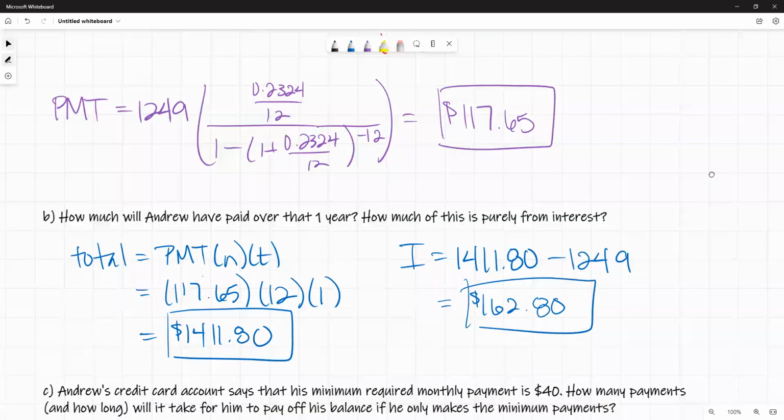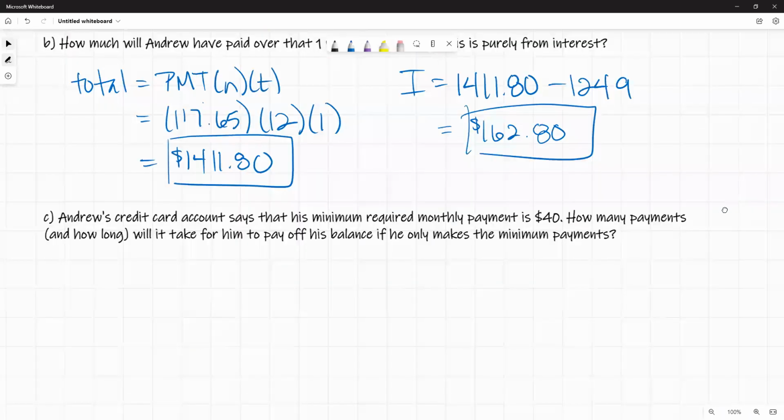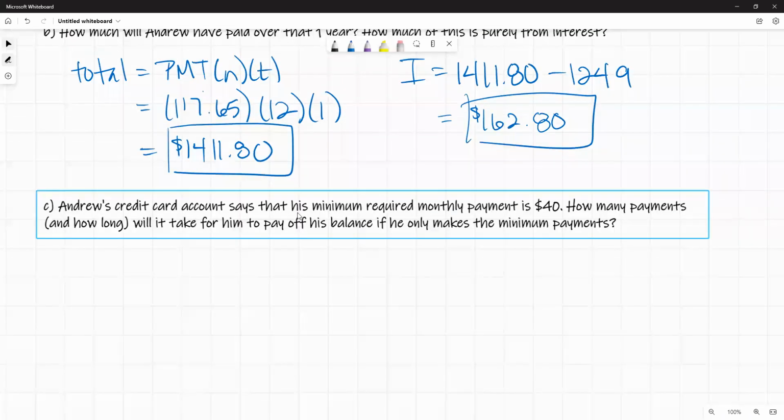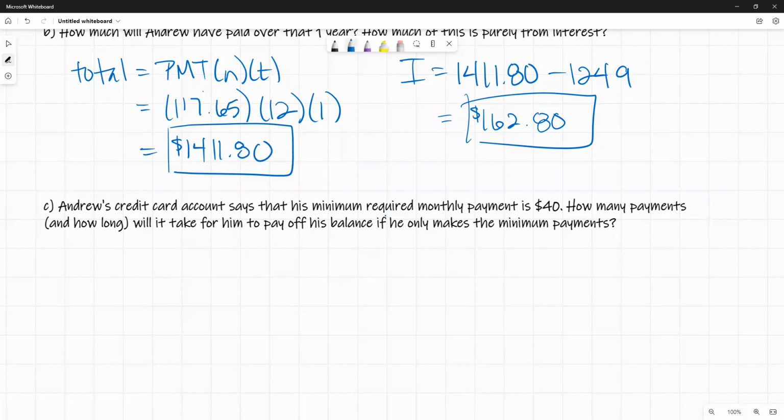So now in the world of credit cards, Andrew's credit card account says that his minimum required monthly payment is a certain amount. Whenever you get a credit card and an online account with it, it's going to tell you this is how much you need to pay every single month. That's the minimum payment. This is how much you need to pay to be in good standing with us. We can't really trust you to keep this credit card if you don't at least pay this much every month.